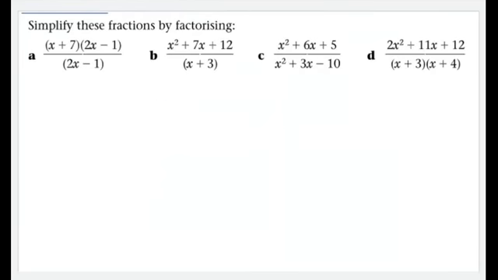And then on the next slide, these are ones that are just achieved with factorizing.